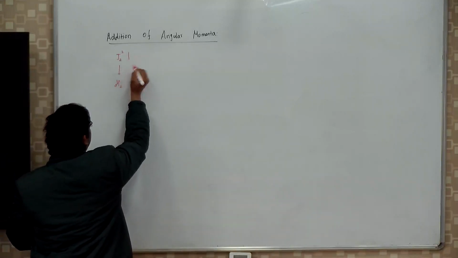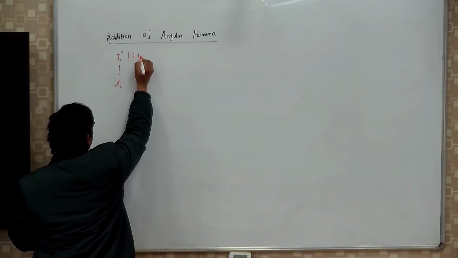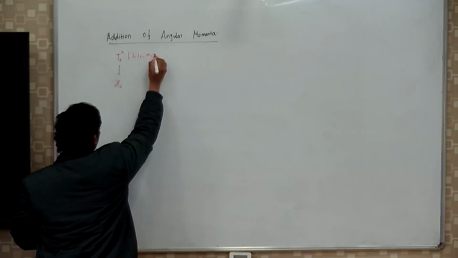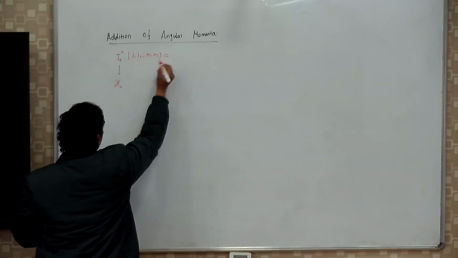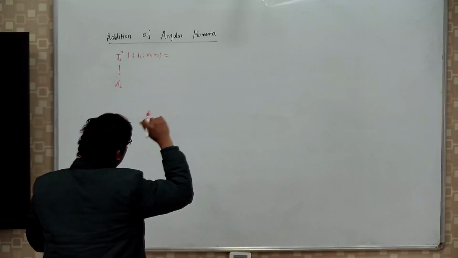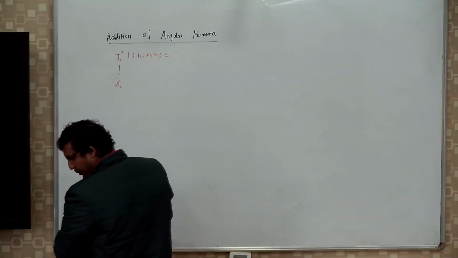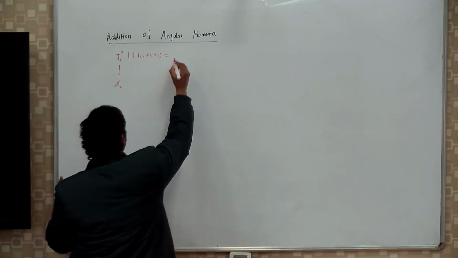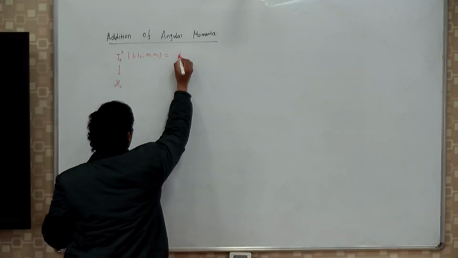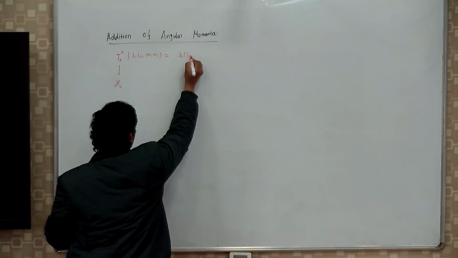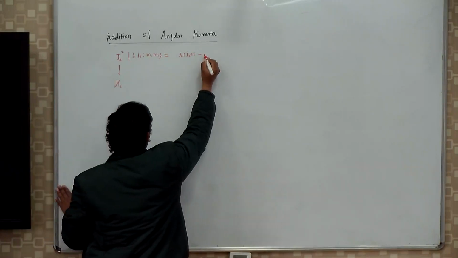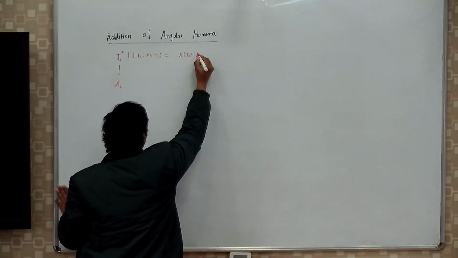It acts on the combined state vector |J1, J2, M1, M2> and again gives an eigenvalue, J2 of J2 plus 1 times h cross square.